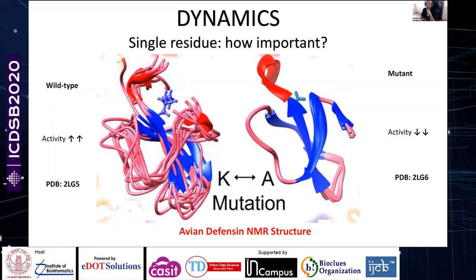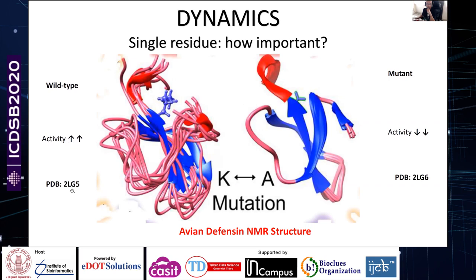This is one simple example. We have a structure for an avian defensin protein, from chicken. This is the NMR structure for the wild type on the left-hand side. You can see this protein is very flexible, and it has the activity that you'd expect in the wild type.